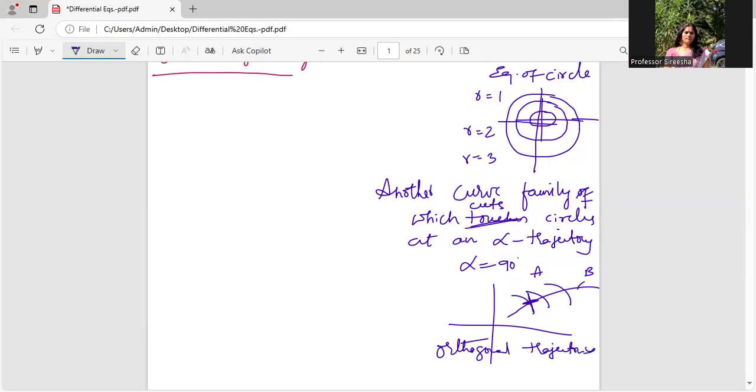If they are cutting at some angle alpha, like 45 degrees or 30 or any other angle, then they will be called alpha trajectories.